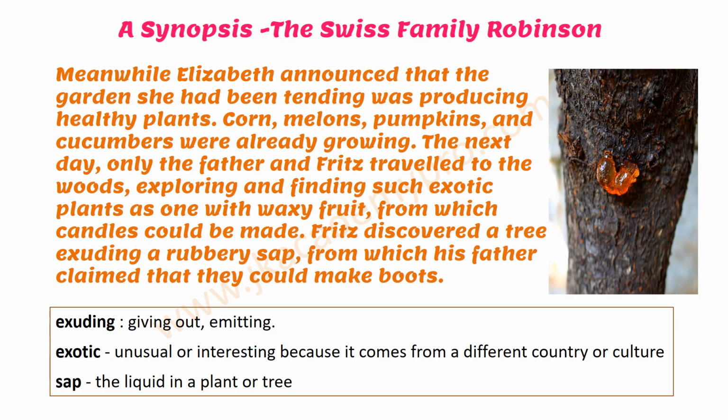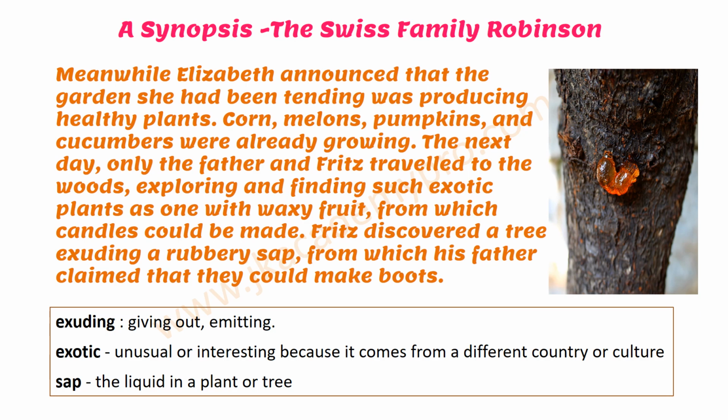She announced that the garden she had been tending, meaning looking after, taking care of, was producing healthy plants. Now the plants had started growing. Corn, melons, pumpkins, and cucumbers were already growing. So she started growing all those things, all the vegetables, because they required vegetables for their food.